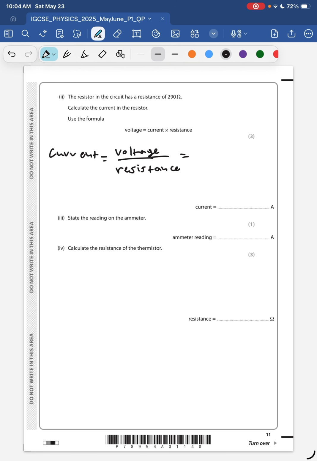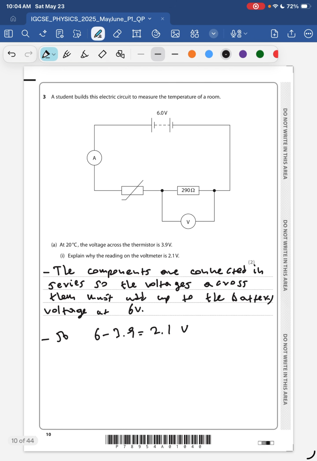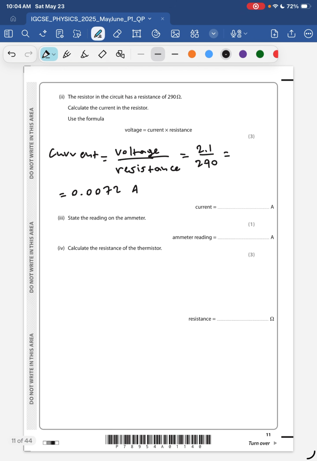So this is 2.1 over 290, which yields 0.0072 amps. Okay, state the reading on the ammeter. So that's the ammeter, and it's of course going to be 0.0072 amps, because the current is the same everywhere in the circuit since it's a series circuit.